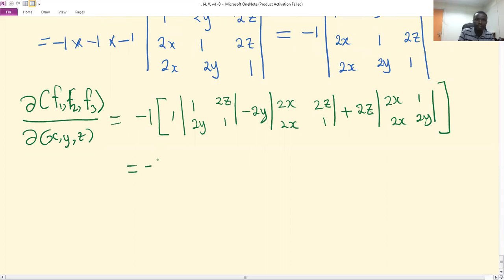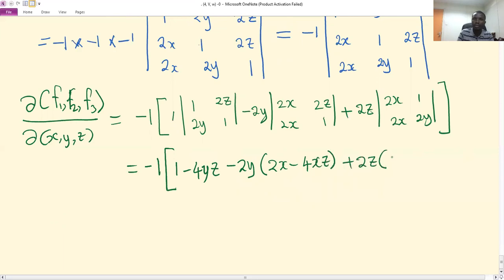So I'll have -1 into, so this will be 1 minus 4yz minus 2y into 2x minus 4xz plus 2z into 4xy minus 2x.